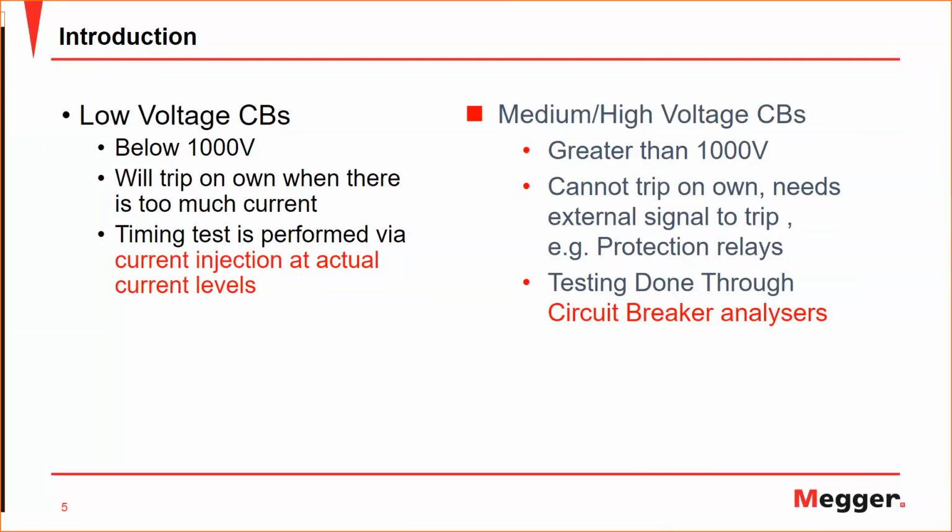These circuit breakers usually contain their own protection system. So when we do, for example, a timing test on this circuit breaker, we usually use the primary current injection method to test all their parts: the protection, the mechanical parts or mechanism, interrupters, etc.